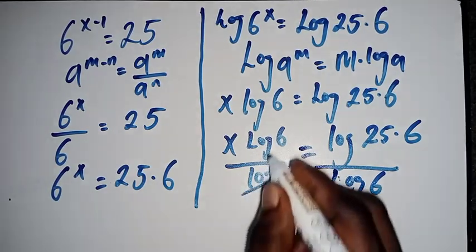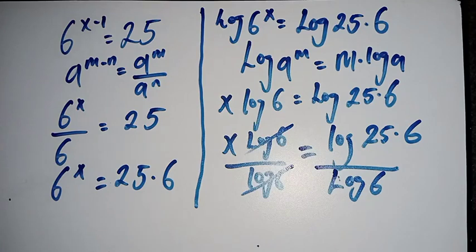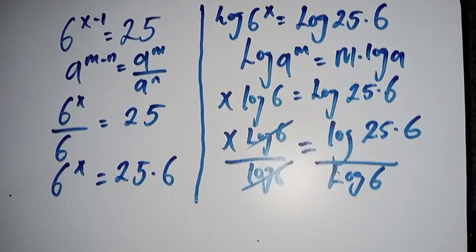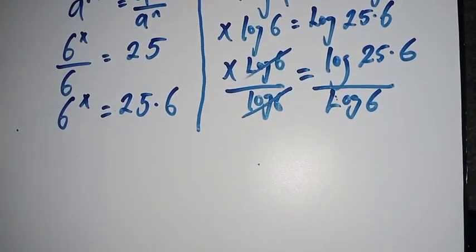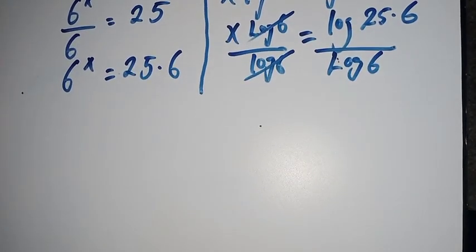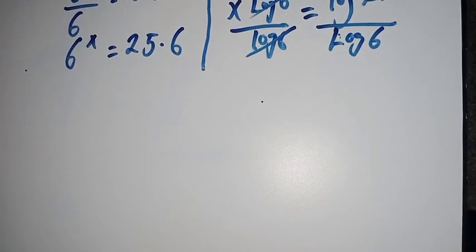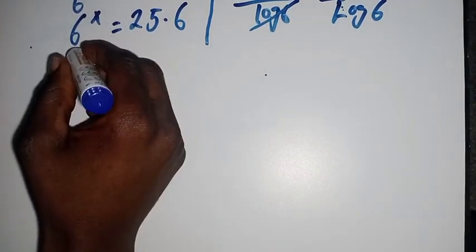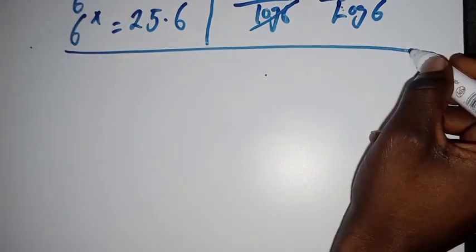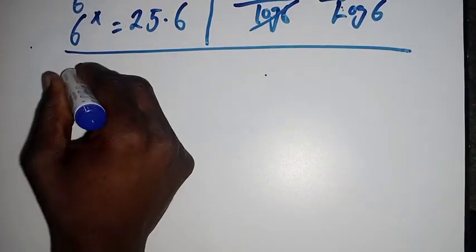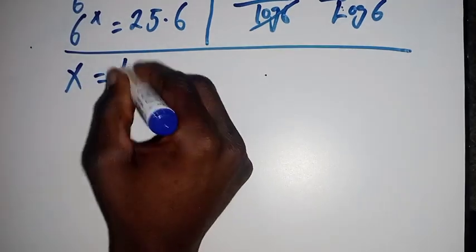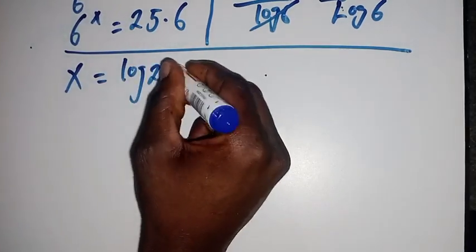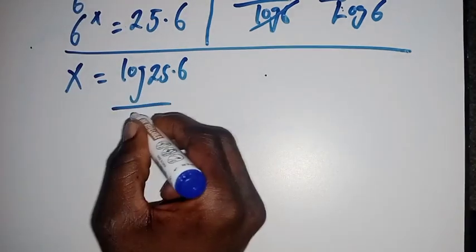So if this cancels this, we have x to be equal to log of 25 times 6 over log 6.